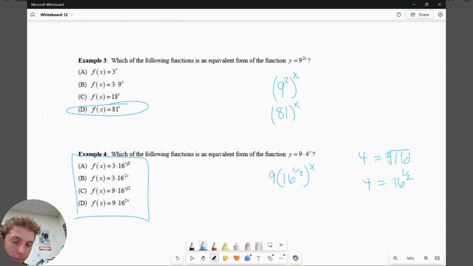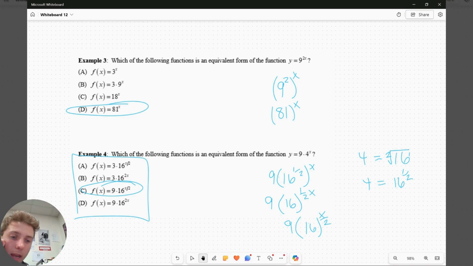And since I replaced the 4, the x as the exponent is still there. But 16 now has 2 exponents. It has the exponent of 1/2 and the exponent of x. If something has more than one exponent, we know that we multiply those. Okay, so 1/2 times x, I still don't see my answer. 1/2 times x is just the same thing as x over 2. 9 times 16, 16 is raised to the x over 2. And now I have my final answer.